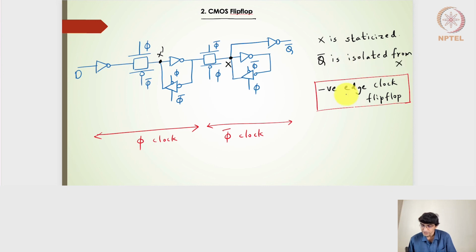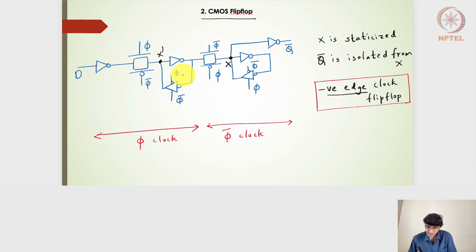So Q bar is isolated from X, and of course it is a negative edge because this latch design is working in transparent mode when the clock is high, and this particular latch design works when the clock is low. And that's why it is said that this is a latch of positive clock and this is a latch of negative clock, and thereby it works like a negative edge flip-flop.